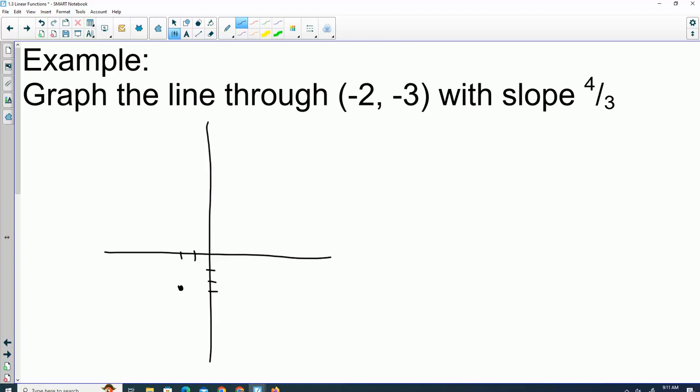And then my slope is 4/3, so we would go up 4, right 3. Or down 4 and left 3. So as long as you have 1 point and the slope, you can draw your graph.